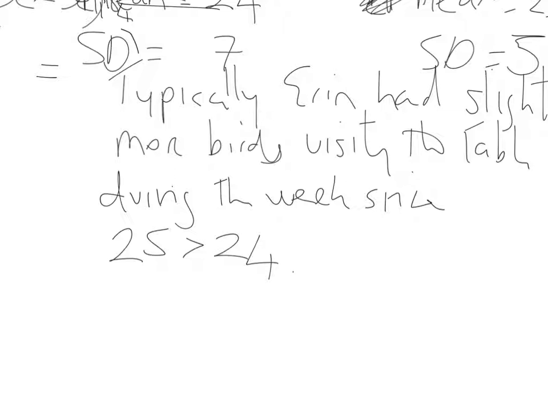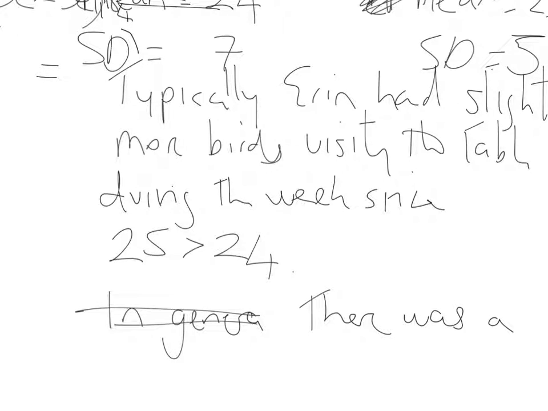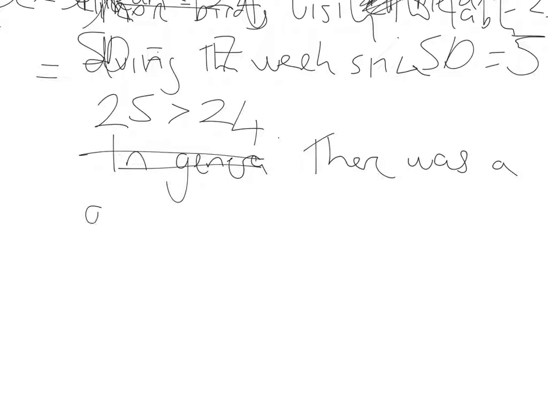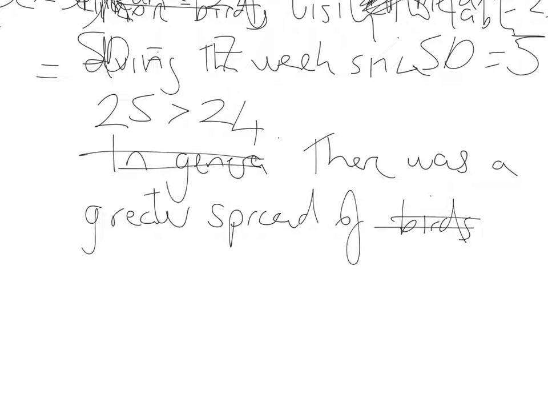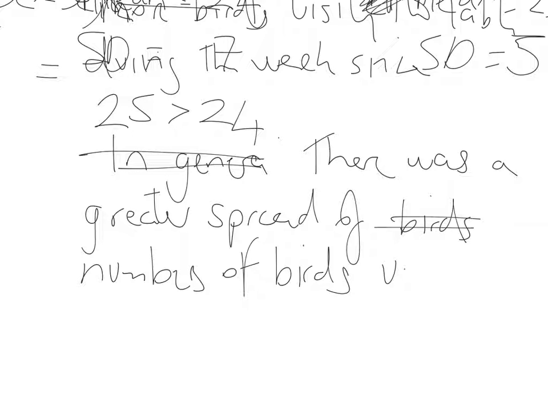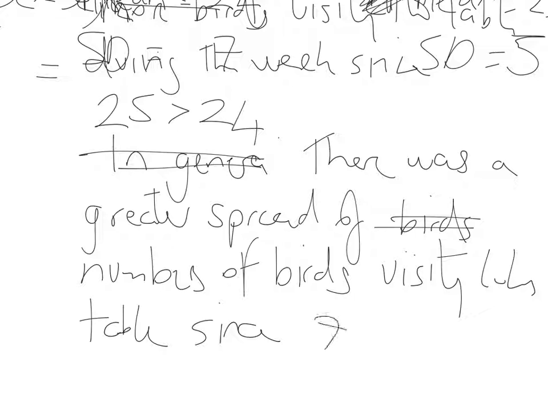So I'm going to start this one with: there was a greater spread of numbers of birds visiting Luke's table, since 7 is greater than 5. That's the end of the question.